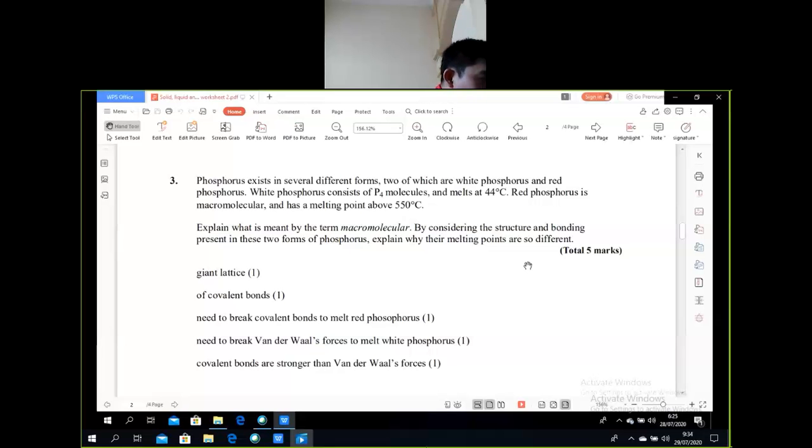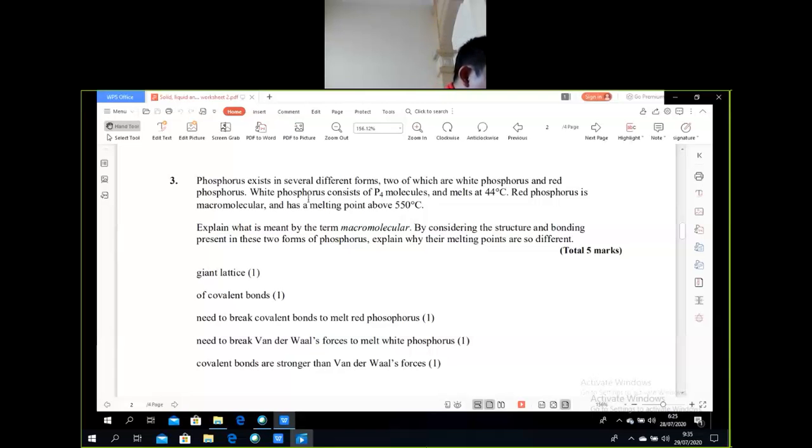So here we can see from the first sentence that white phosphorus has a simple molecular structure because it has a low melting point compared to red phosphorus. Red phosphorus has a giant covalent network because the melting point is more than 100 degrees Celsius.